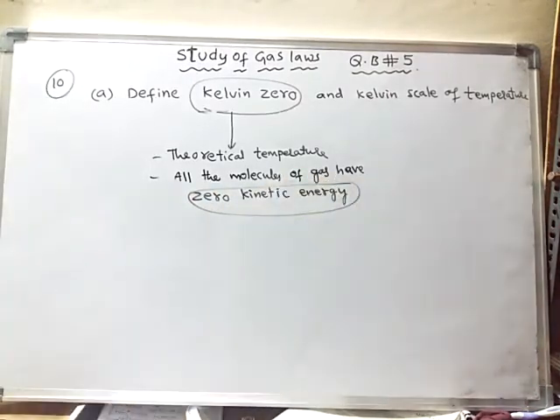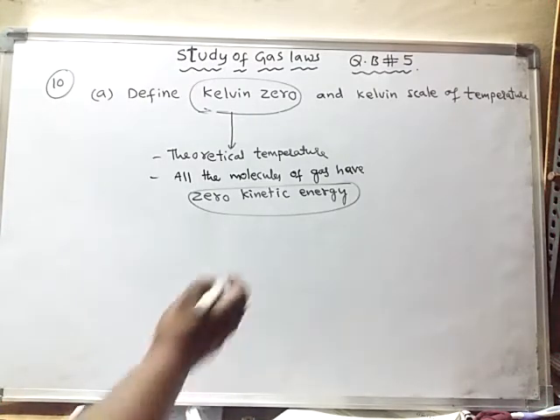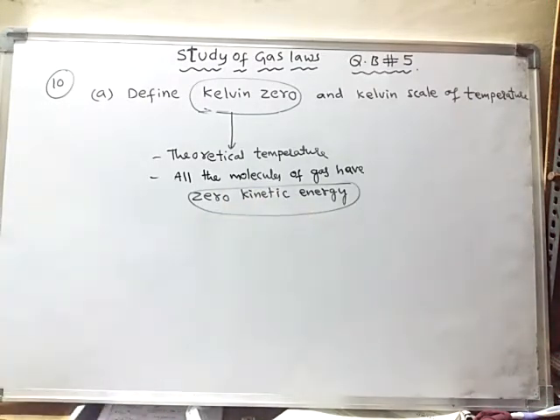That means molecules do not move at all. They even stop vibrating. No molecule will vibrate or move. Such a condition is said to be zero kinetic energy. When molecules have zero kinetic energy, they stop moving and they stop vibrating.